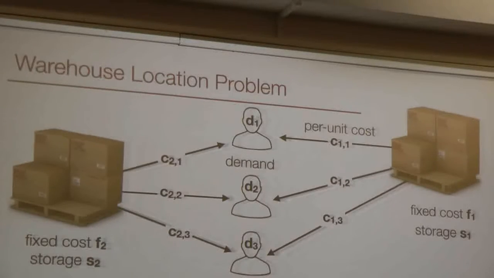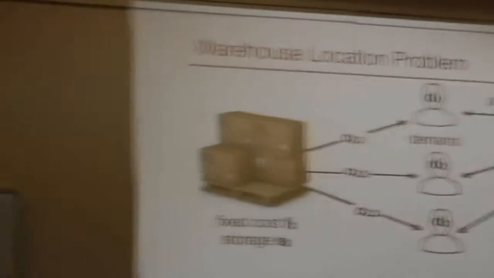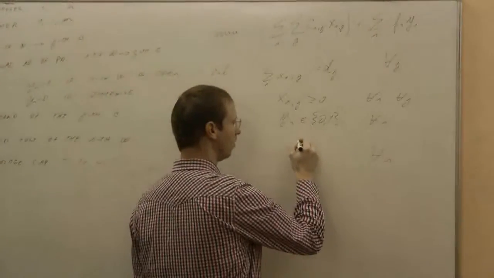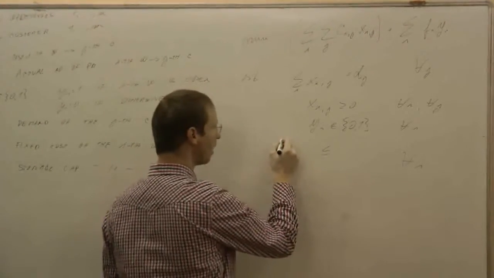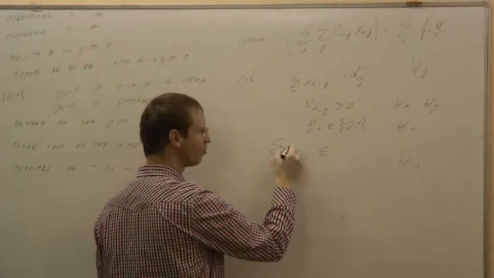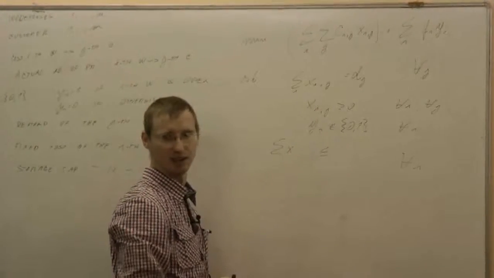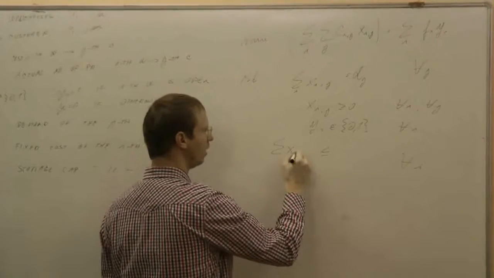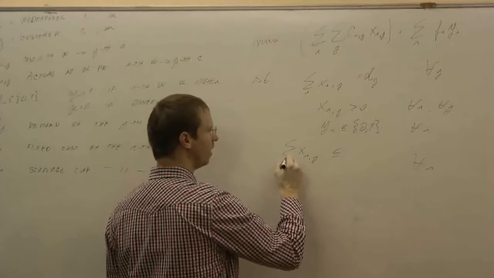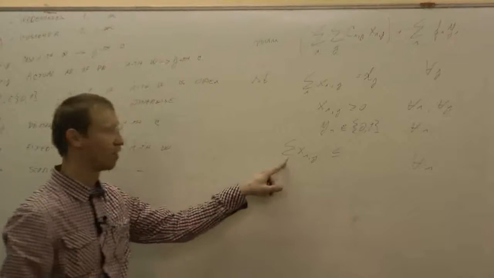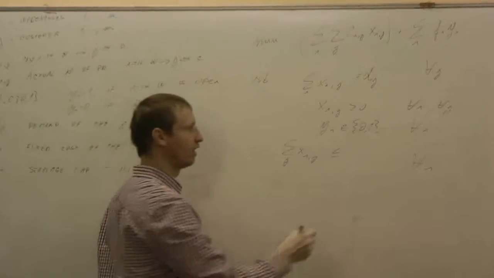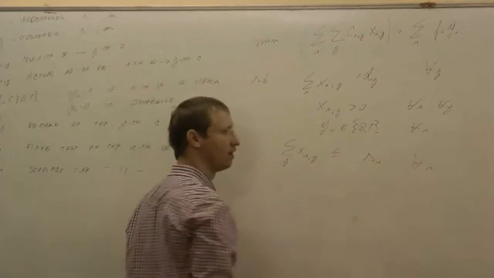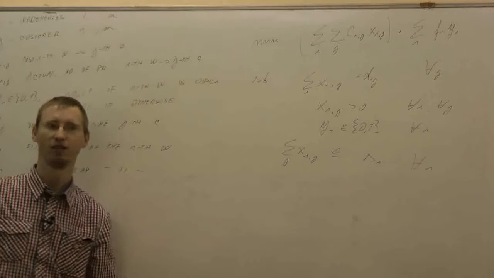So for each warehouse, what must hold? The sum of Xij over all customers does not exceed the capacity of the warehouse, right?